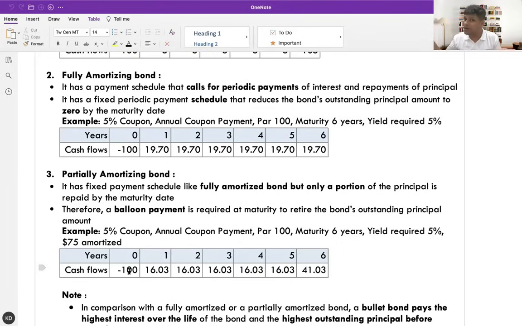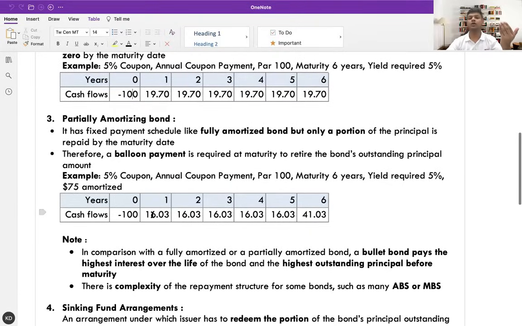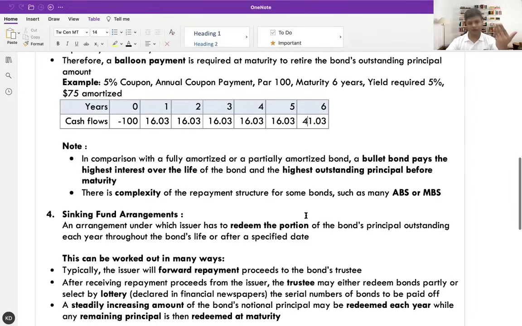So it's not fully amortized and it's not bullet. It's partially amortized. Are you getting it, everyone? So in the first 5 years you are equally amortizing, and then a substantial part is paid in the 6th year. That's called a combination. It's somewhere between fully amortizing and bullet bond. Clear, everyone?